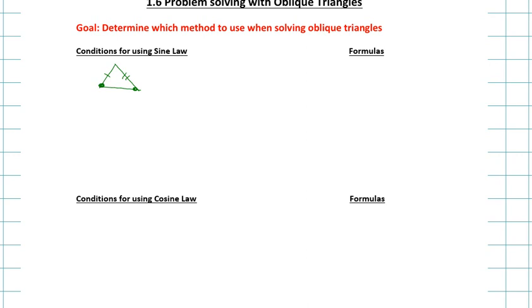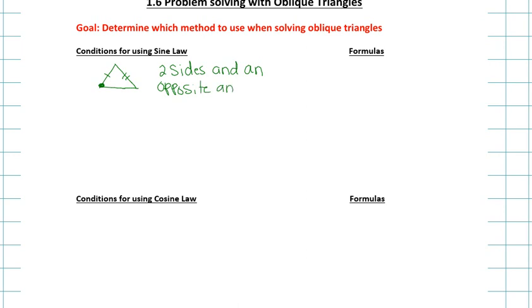Right? So I'm gonna just erase this for now. So the one is two sides and an opposite angle.